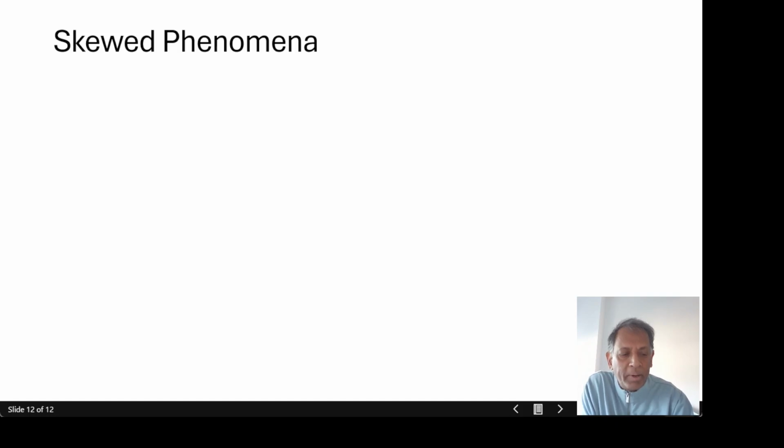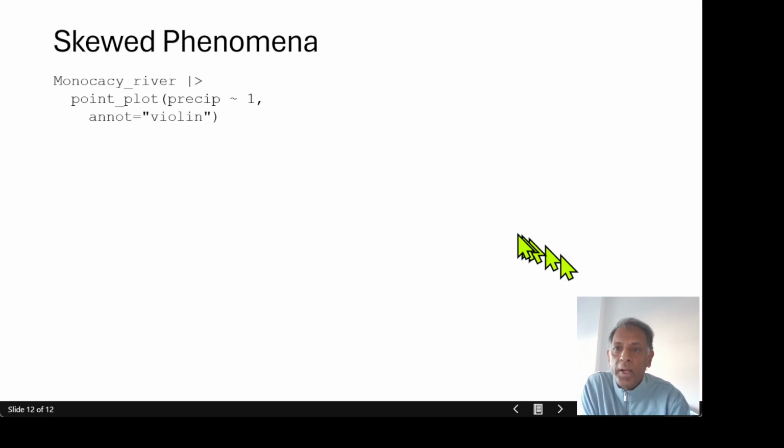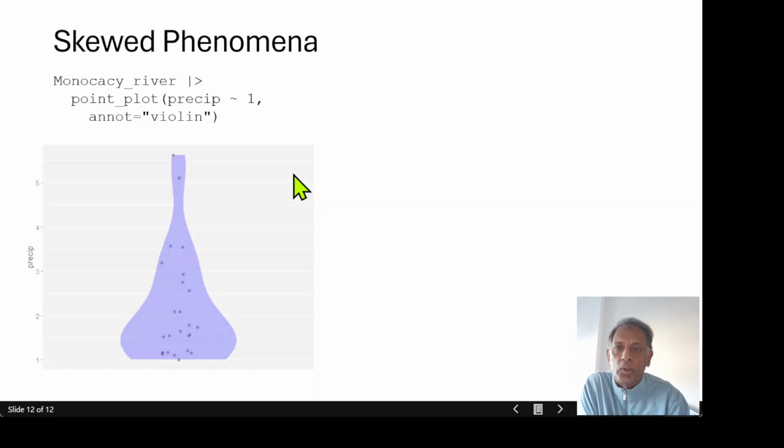Now there are many skewed phenomena in the real world. Here we are looking at a data set called the Monocacy River, and we are looking at the distribution of precipitation in that area. Again, we are only looking at the distribution of precipitation. There's no x variable, so we just put it as a y.